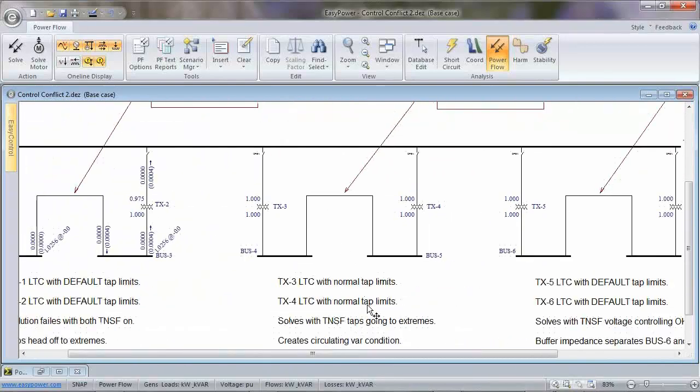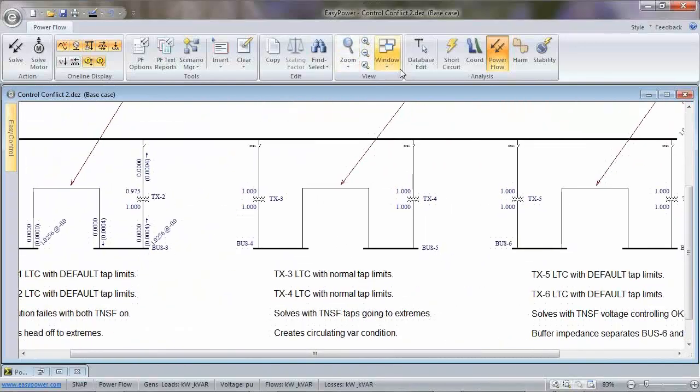Now, if we have normal tap limits, we will discover that they will do their job and attempt to hold, but they will go to the opposite end of the spectrum. So this is really an unhealthy condition.